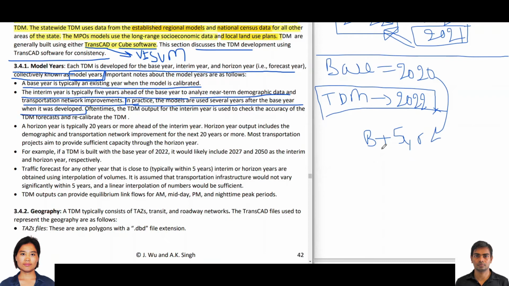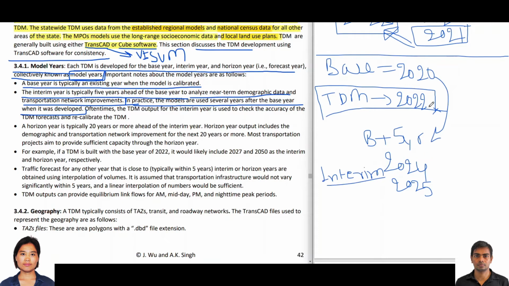Let's say our base year was 2020, the model got released in 2022, and I'm working on a project in 2024 or 2025. When I'm working in 2024 or 2025, I will consider the interim year as my base, to see how good the model is.